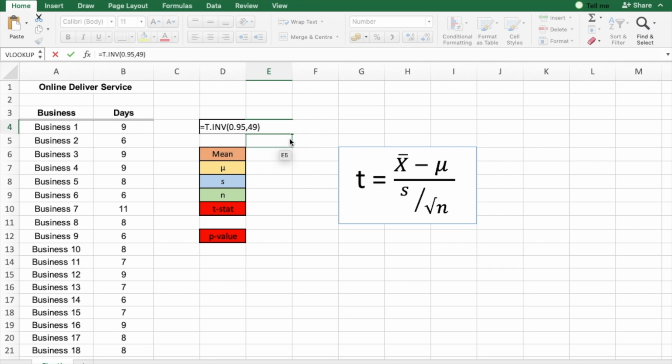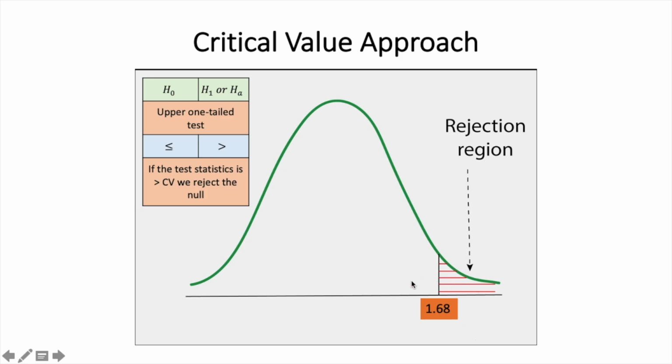We click enter. So the critical value is 1.68. We have already labeled it over here.